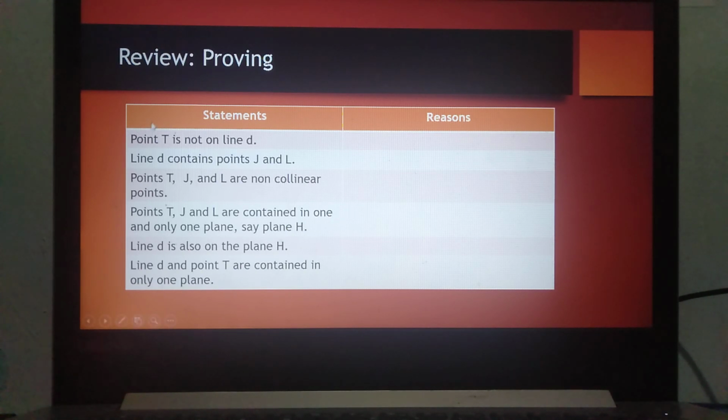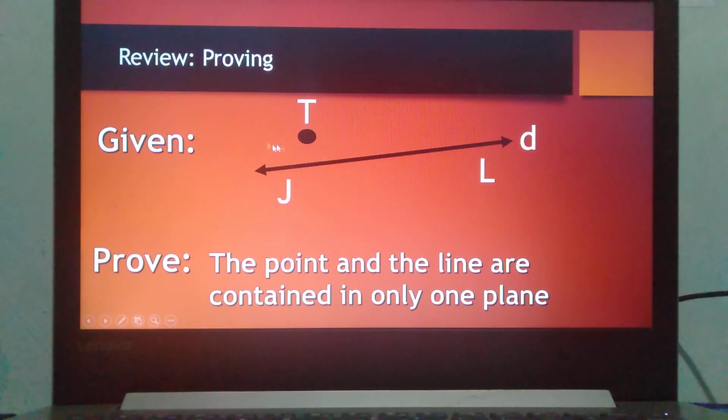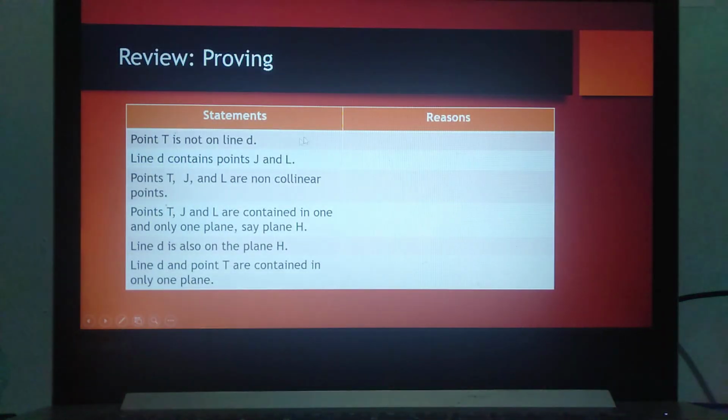Let's start with statement number 1, which is point P is not on line D. Here, it states that point P is not on line D. Let's go back to our figure wherein T is separately presented to line D. In any statement like that, the reason is just given.